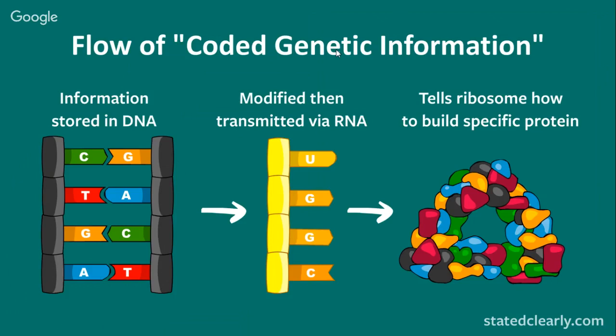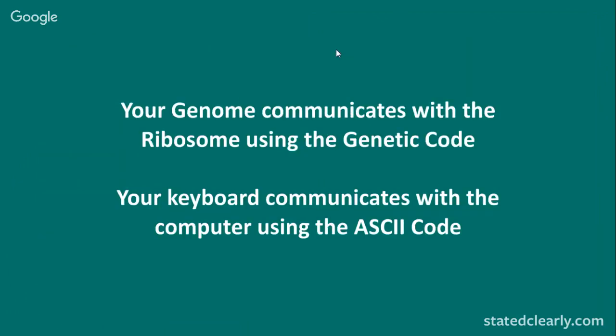That message tells the ribosome how to build a specific protein. Your genome communicates with the ribosome using the genetic code. Your keyboard communicates with the computer using the ASCII binary code. It's the same. It's all the same.